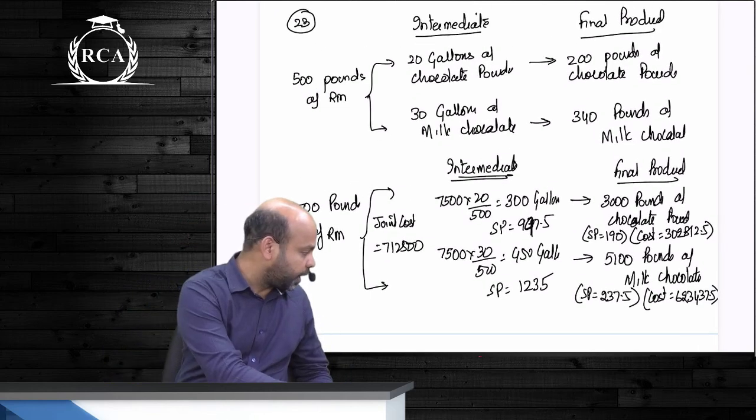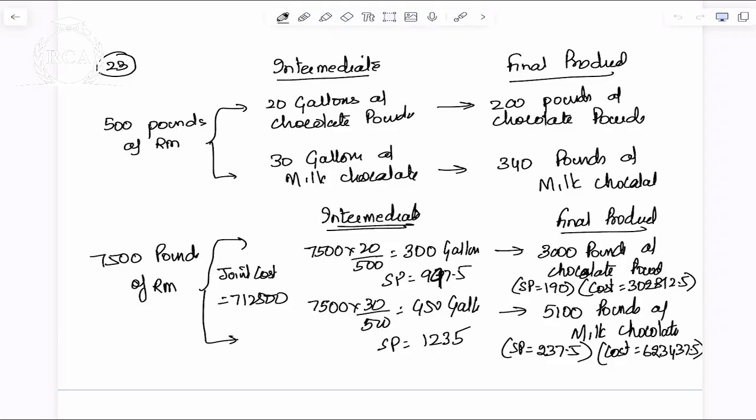Then we'll start allocating joint cost. All of you beta copy this information. After this, beta, we have just one more question. Then the bigger questions are all done.